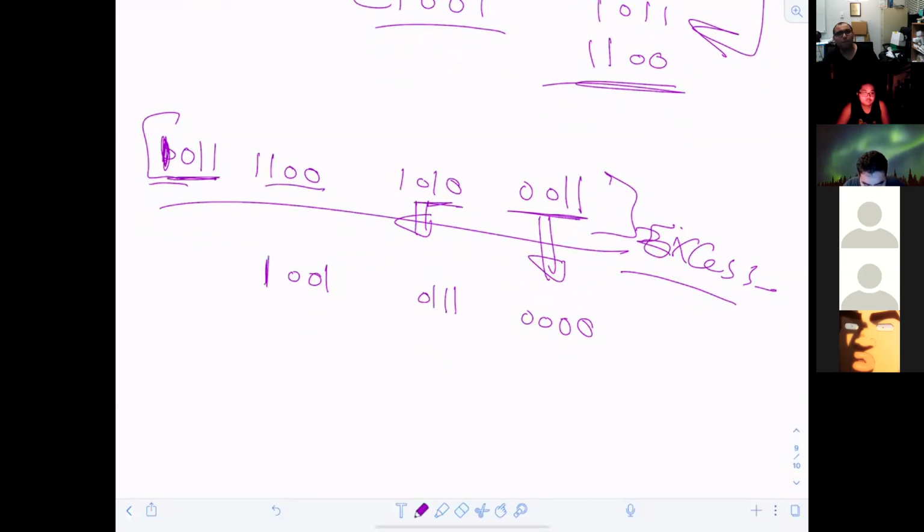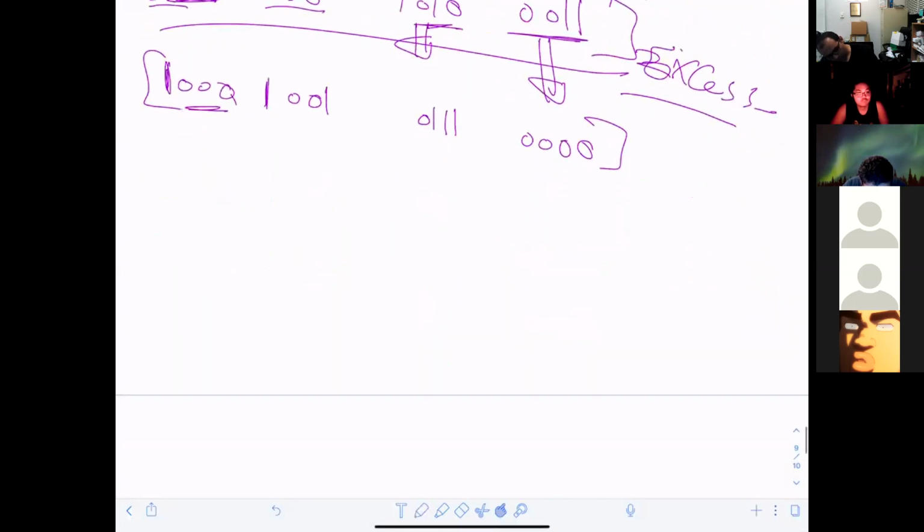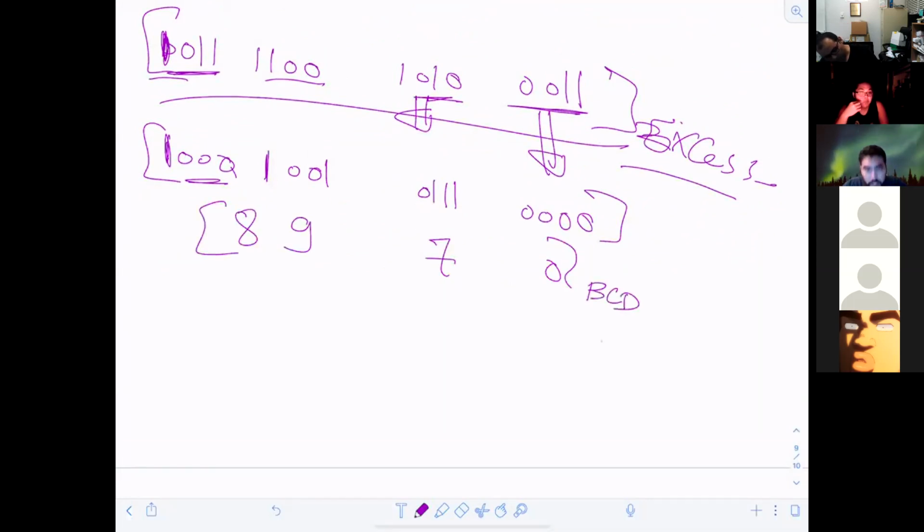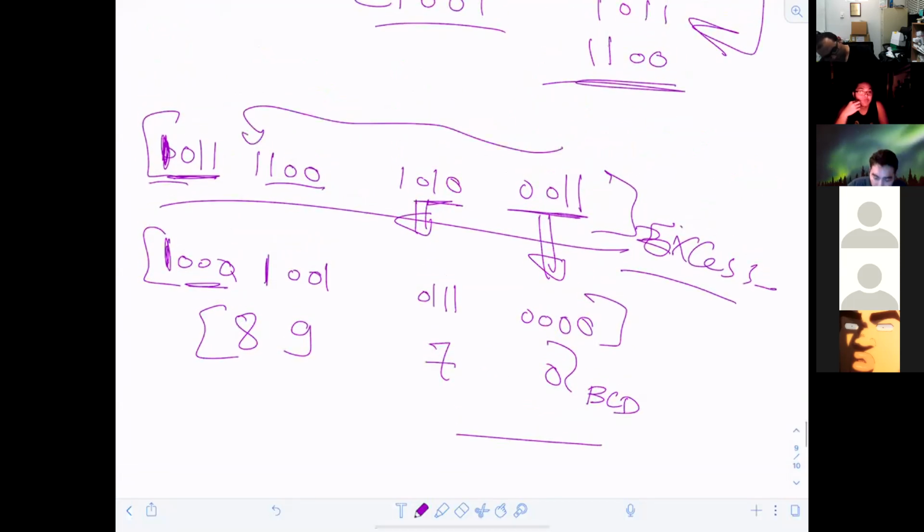This one is 11, I believe. So you subtracted 3, right? So in that case, it's going to be 8. So this is your BCD, 0 7 9 8. That's my BCD equivalent of this.